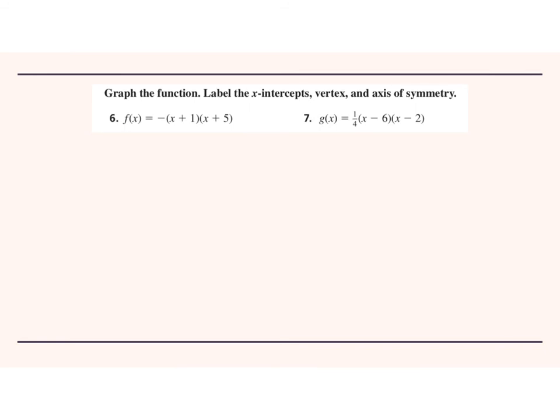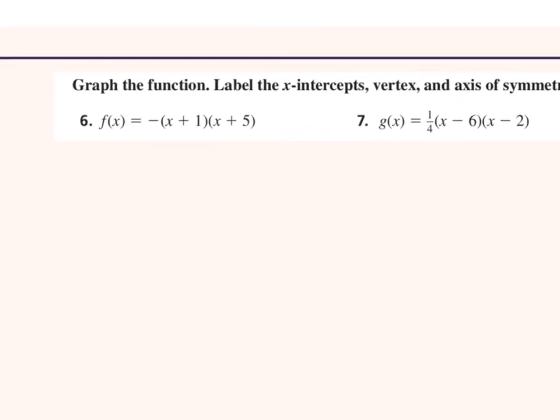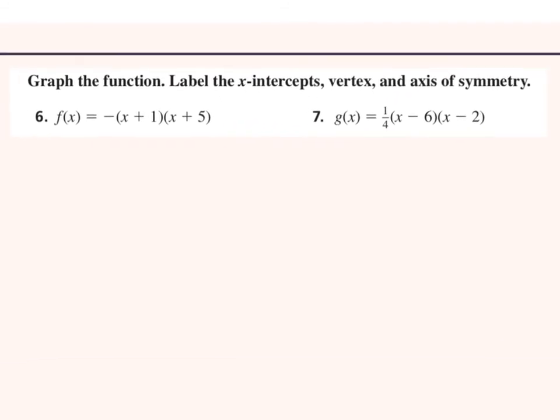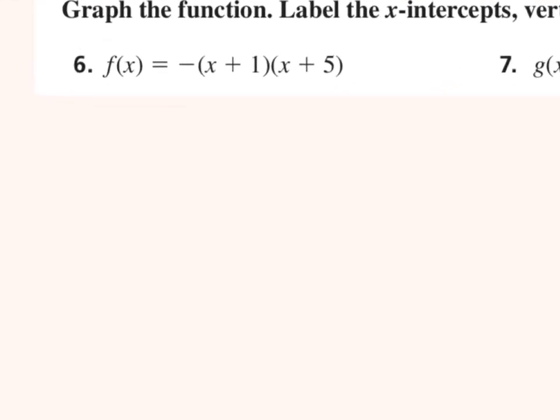All right, let's look at number 6. So we need to graph the function, label the x-intercepts, vertex, and axis of symmetry. So first thing we can do is find our x-intercepts. What would our x-intercepts here be?